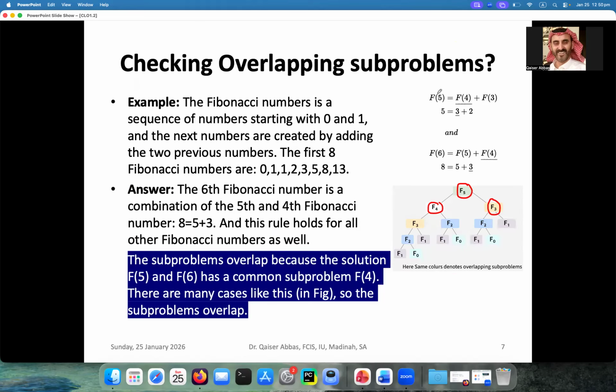Here if you see, for F5 we are calling this, for F6 we are calling this, and this F4 exists here and also exists here. These two are giving a solution to this one, and F4 is part of the solution.